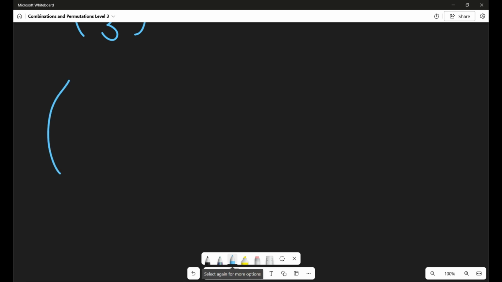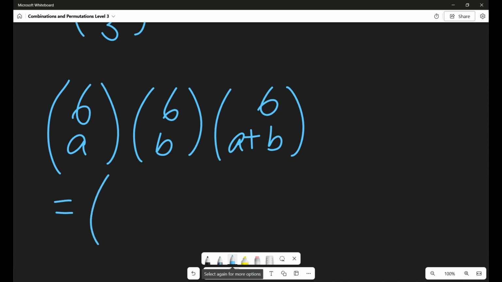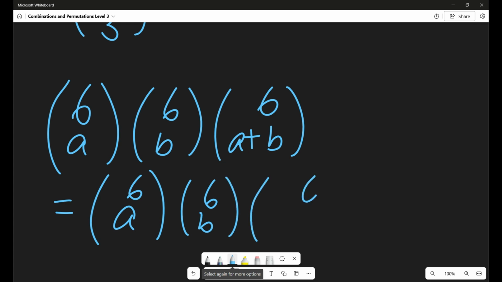So 6 choose A times 6 choose B times 6 choose A plus B is actually the same as 6 choose A times 6 choose B, and here we'll just replace 6 choose A plus B with 6 choose 6 minus A plus B, as shown here.